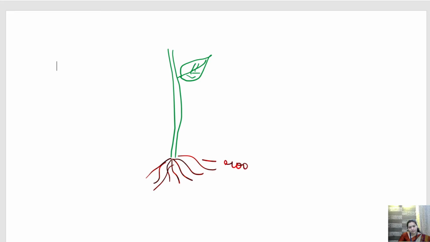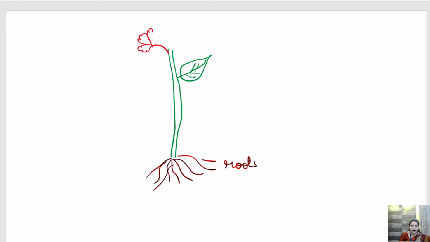Alright. To the stem are attached various leaves. To the stem are attached roots, brown color roots. Alright, these are roots. To the plant again we have flowers.